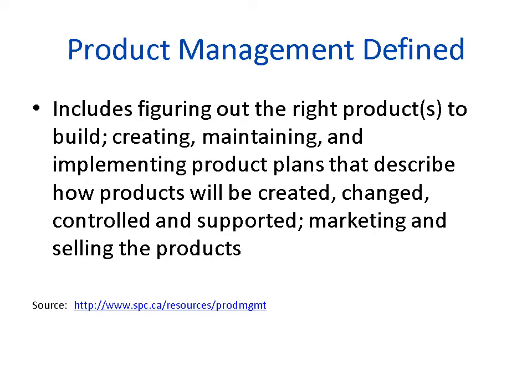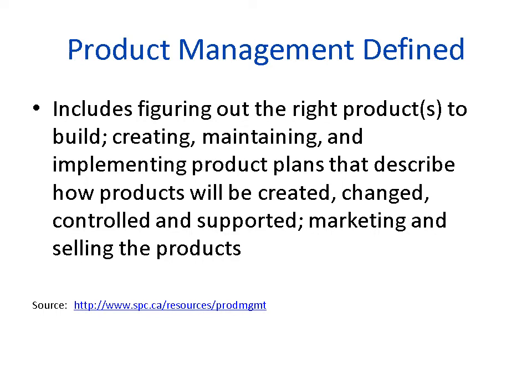It includes figuring out the right product or products to build, create, maintain, and implement product plans that describe how products will be created, changed, controlled, and supported, marketing, and selling the products.